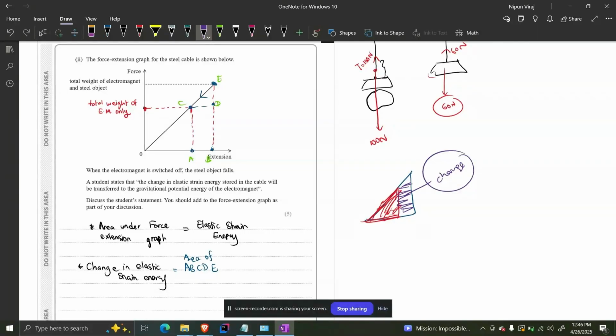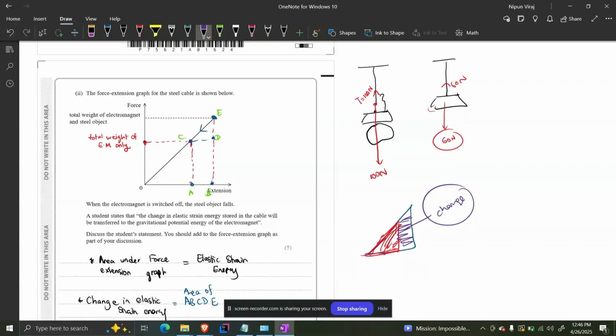If you take the change in gravitational potential energy, it is actually not depending on the extension.